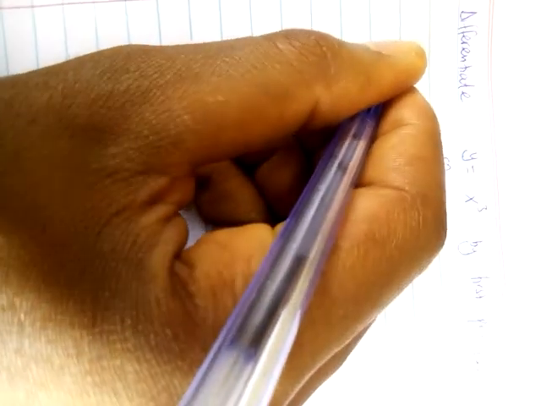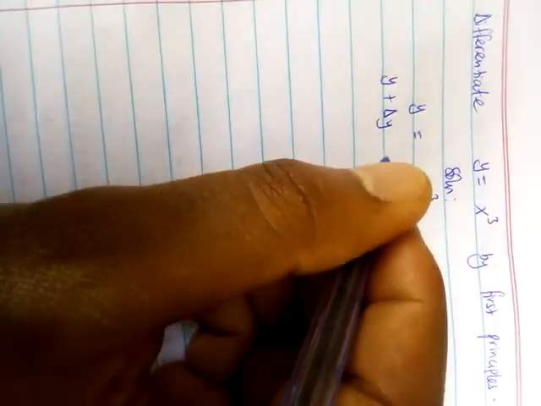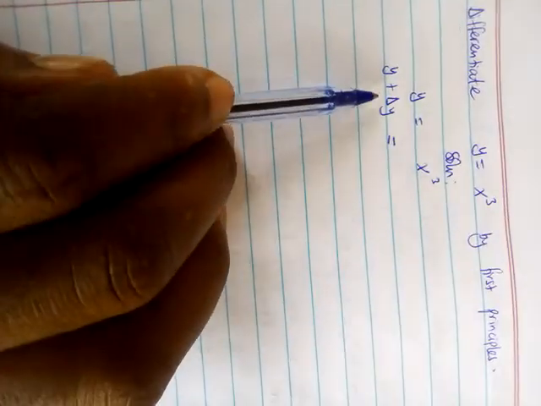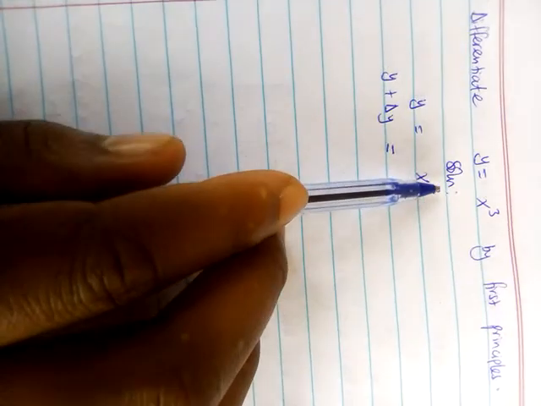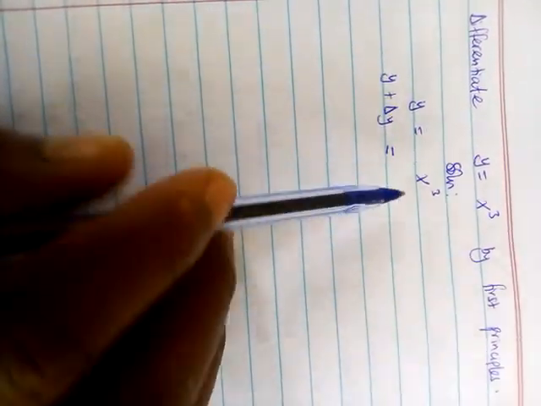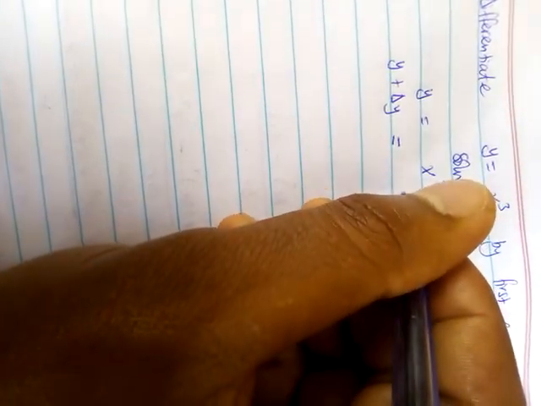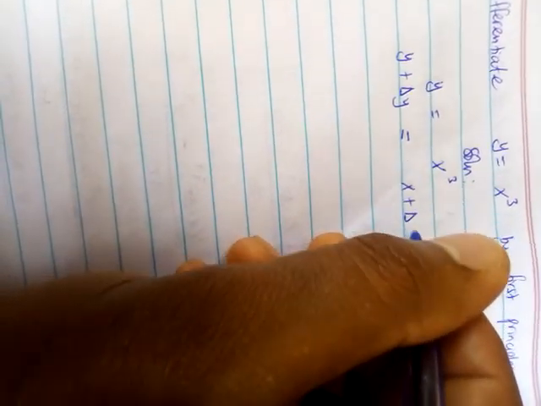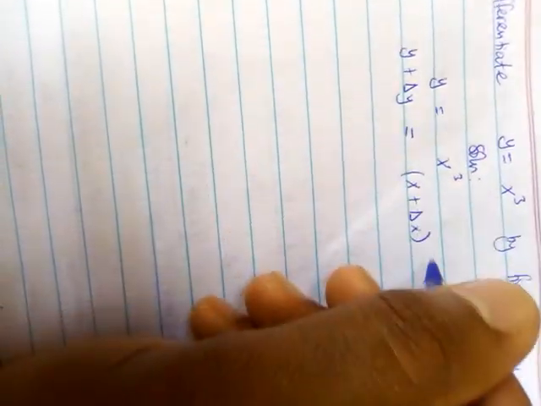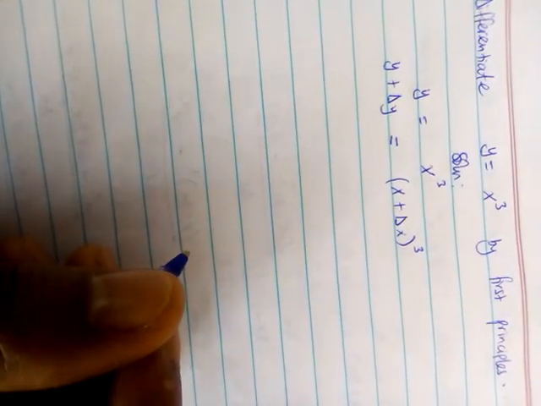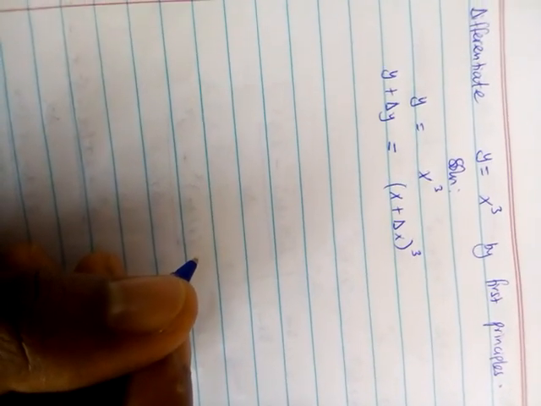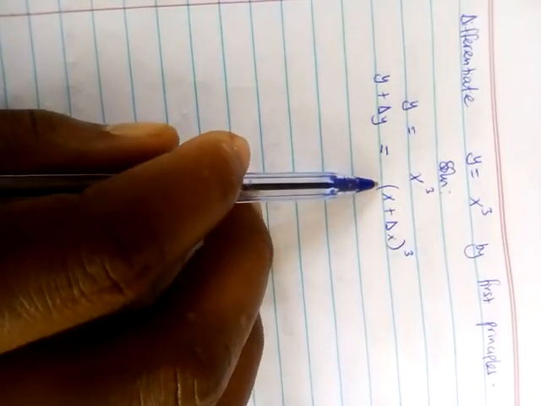So if I have y plus a small change in y, what would this be equal to? If I have a small change in y, then I'm going to have a small change in x. So I'm going to have x plus a small change in x, and the whole of this is cubed, such that I can expand it.